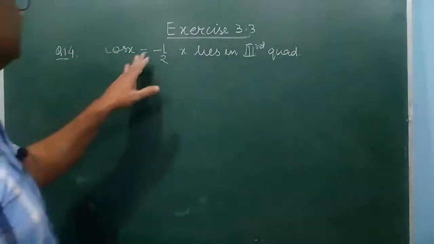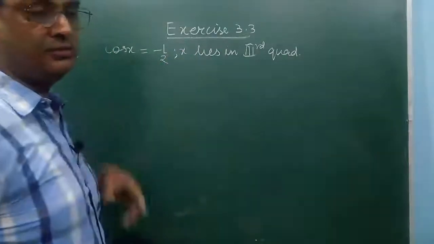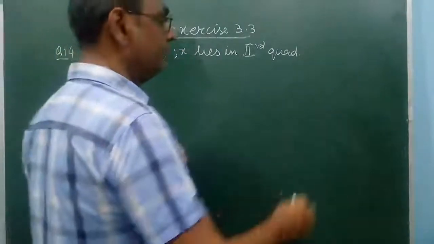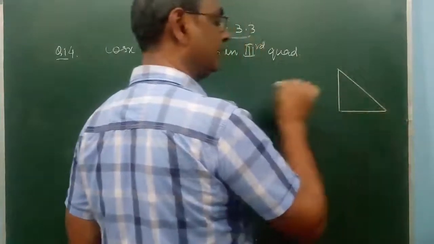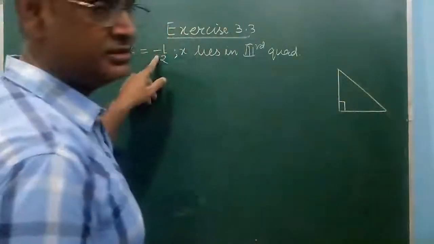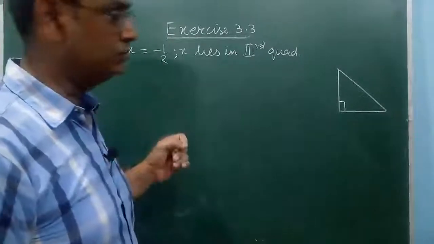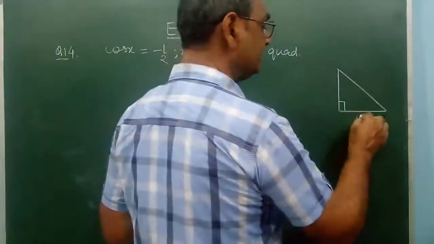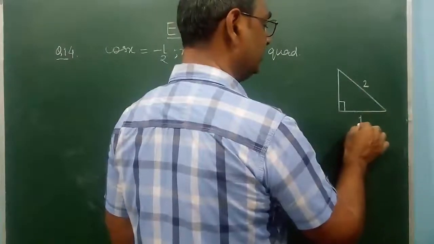This is given to us, we have to find all the other trigonometric functions. So one thing we can do here, we can make one right angle triangle. Cos x, don't consider just now the minus sign, just consider cos x equal to 1 by 2. So cos is base upon hypotenuse. This is okay.